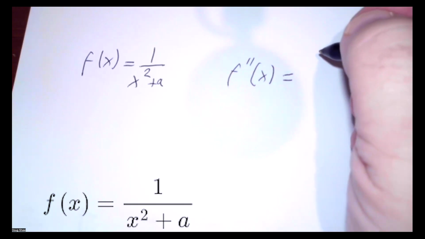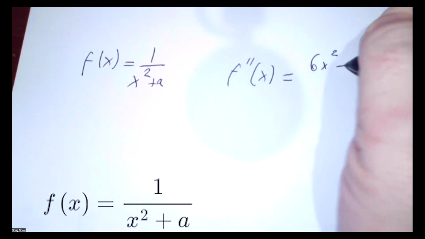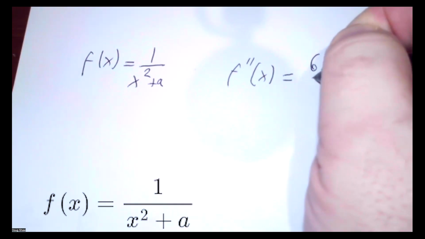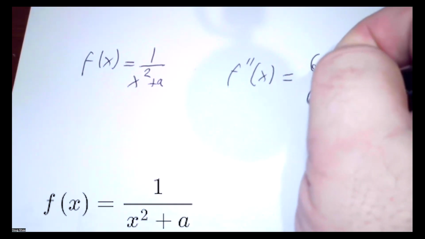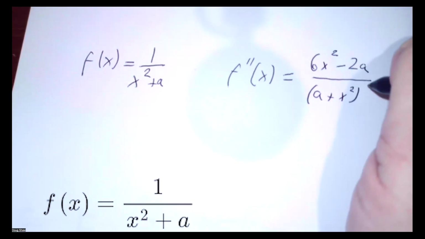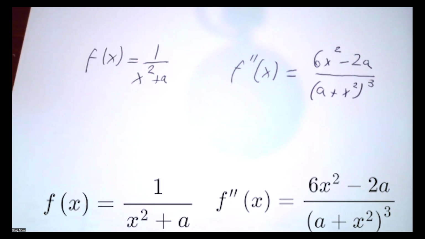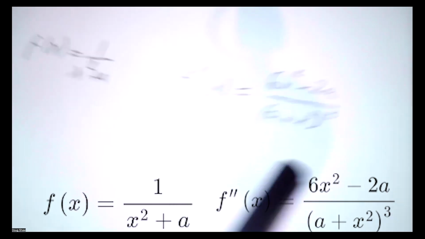And what we wind up getting is 6x squared minus 2a over a plus x squared cubed. Now, if I let a equal 1, that would be the problem we did before, and then this would be our same value for the second derivative.